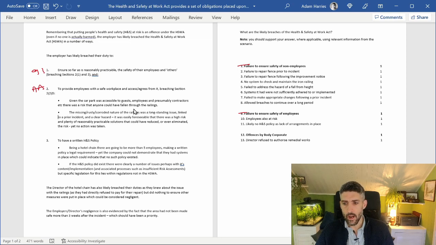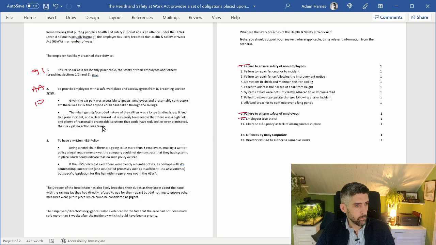Now what I would do here is give a mark against item number 10 on the mark scheme, because item number 10 says employees also at risk. So this is what the mark schemes tend to be like, very short bullet points, and then it's up to the examiner to use their experience to figure out how they're going to apply that to the answer. So employees also at risk, they've made that point with that sub bullet, so I'm going to cross that off the mark scheme. So that's 3 points so far.